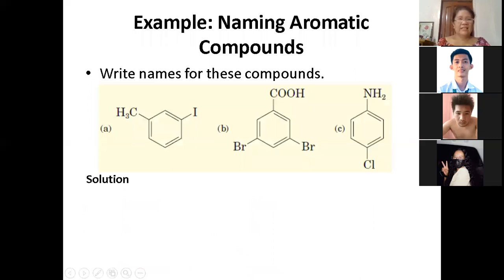So, let us try this. Who can give the name of this? Letter A, what is the name of this?